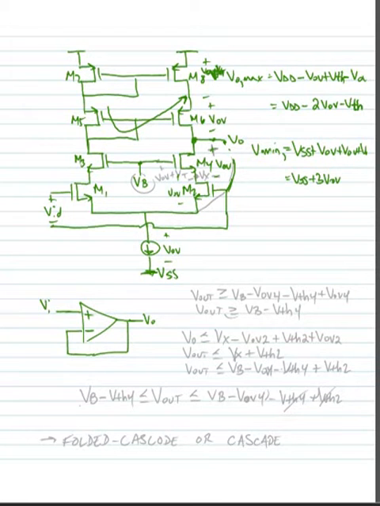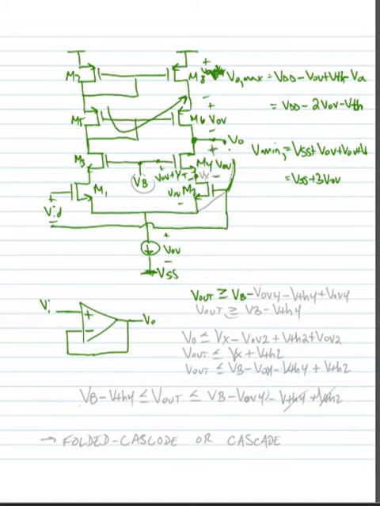So let's look at what we need on these devices now. I know that V out here needs to be greater than, I'm going to start at node VB. I've got to have a VOV plus a VT for M4 to get to this node.